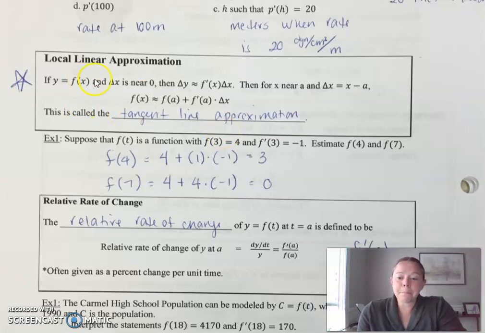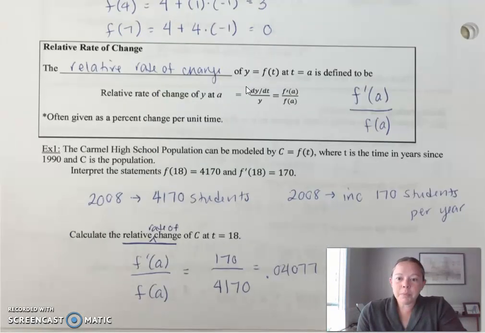Okay. All right, and then our last big topic is relative rate of change. So the relative rate of change at t equals a is defined to be the derivative over the function value. Back in chapter 1, we did relative change. Relative change was back in chapter 1.